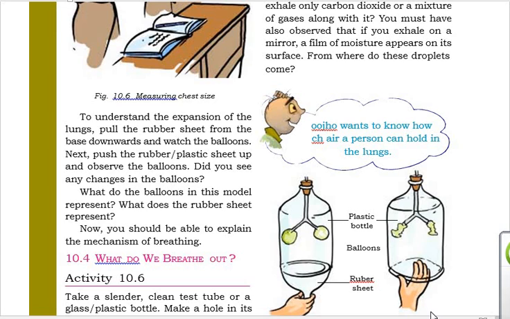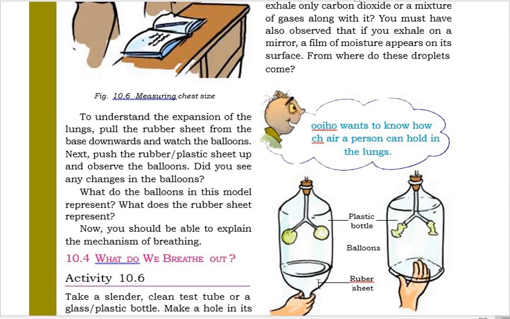On the upper portion there is a cap with a hole, and through it we insert a Y-shaped plastic or rubber tube, and at the end of the tube two deflated balloons are kept. Then at the base of the bottle a thin rubber or plastic sheet is fixed with a large rubber band. So this is the equipment we have to make.